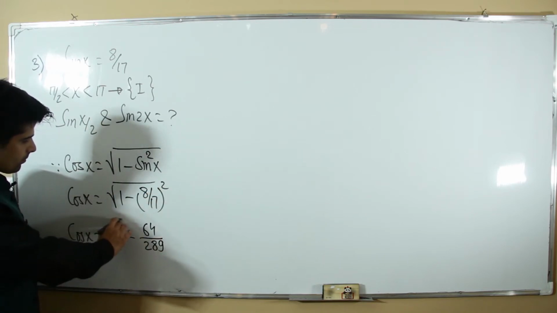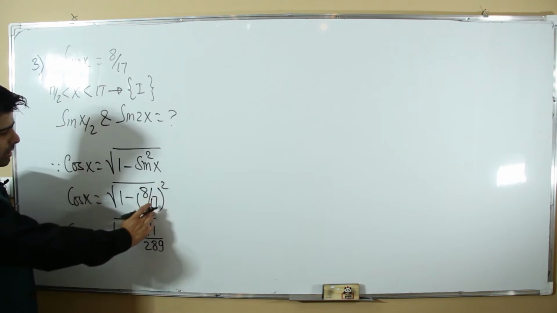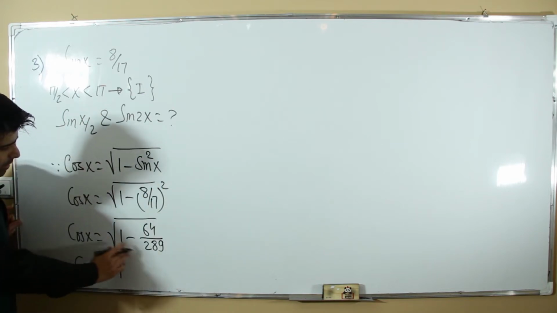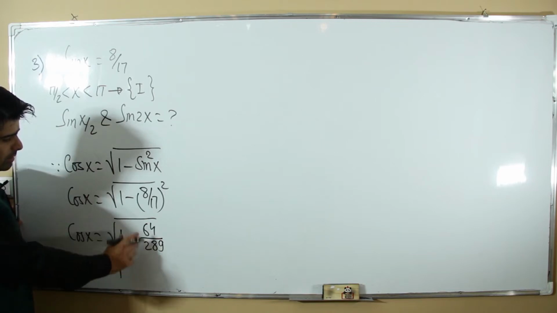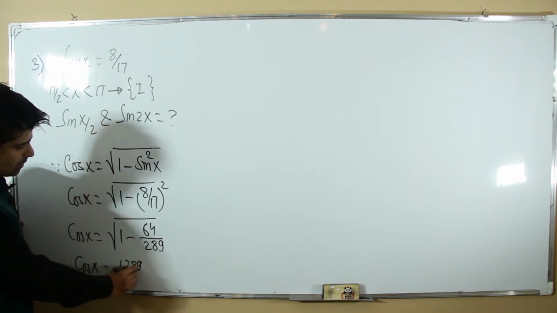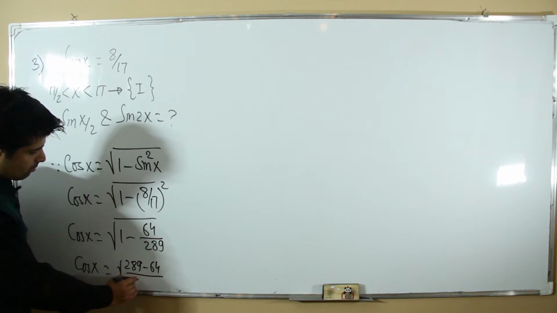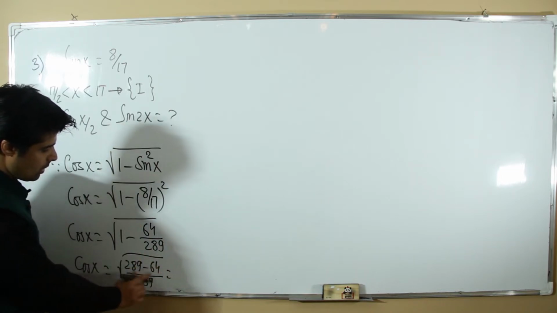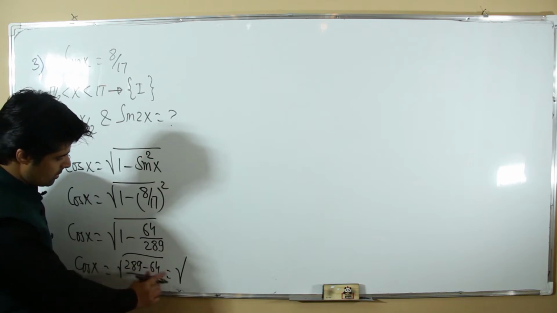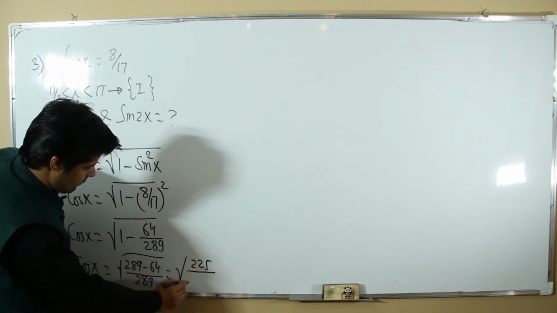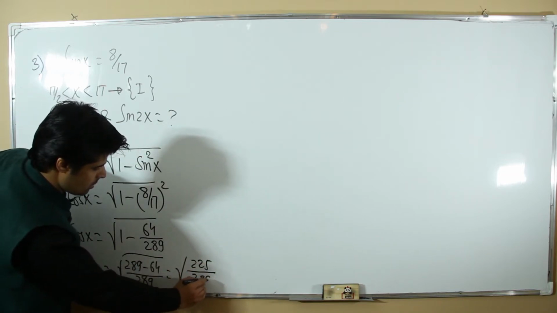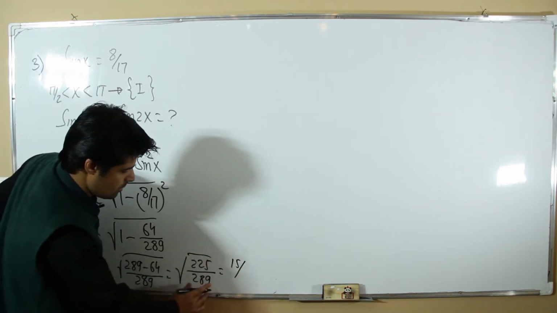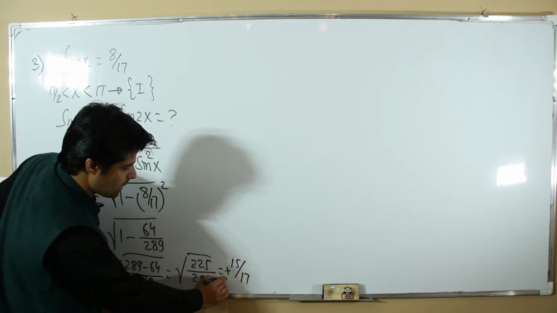Am I right? 17 square is 289. So cosine x is root of 289 minus 64 by 289. Now 289 minus this one is 225 by 289. Now the root is 15 by 17, but plus or negative.